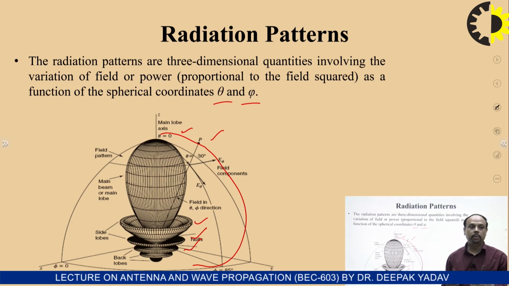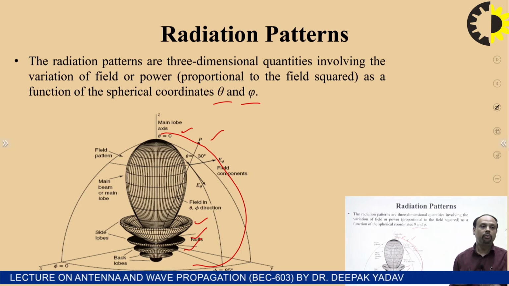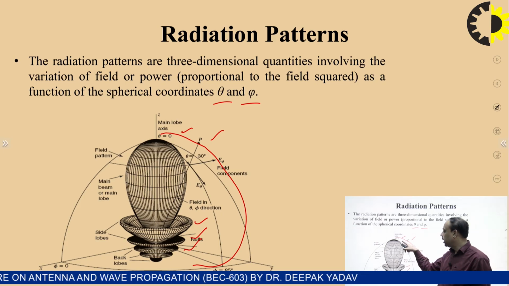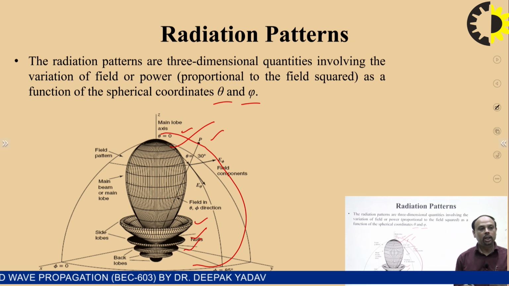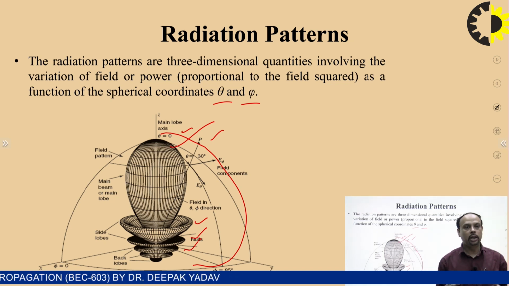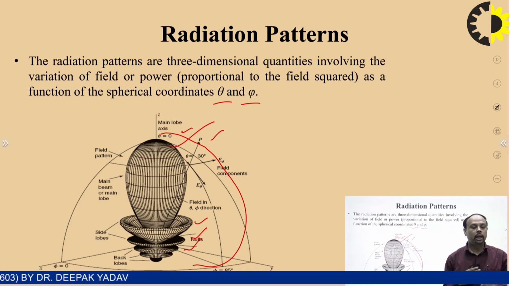So the best scenario for the antenna designer is to increase the main lobe radiation and decrease the side lobe level. We can only decrease the side lobe level, we cannot ideally remove it. If it is removed completely, then that is the ideal case.